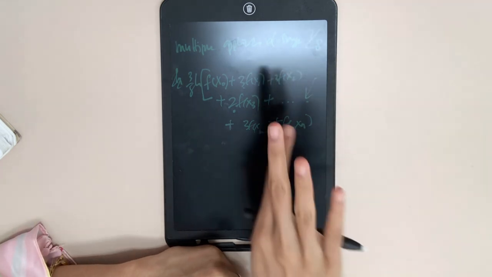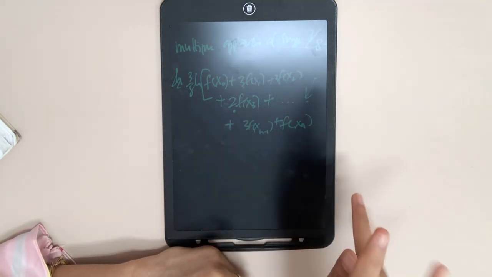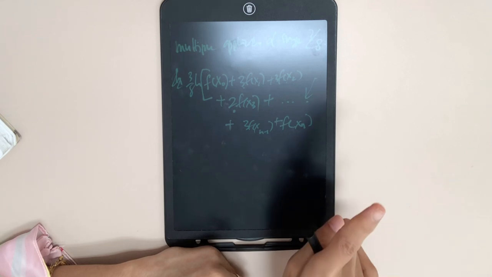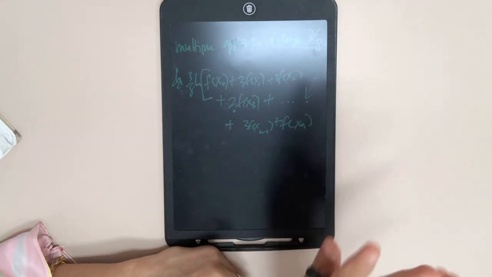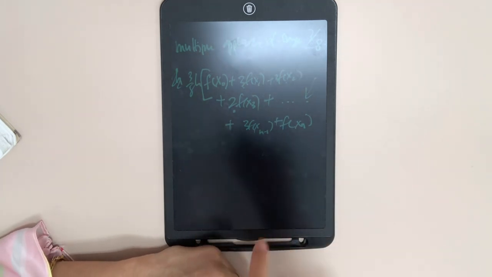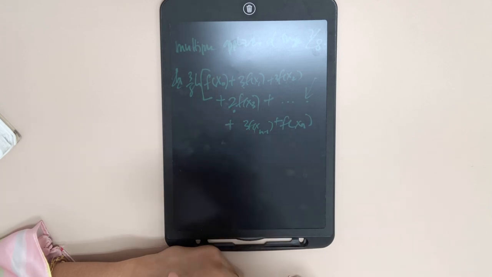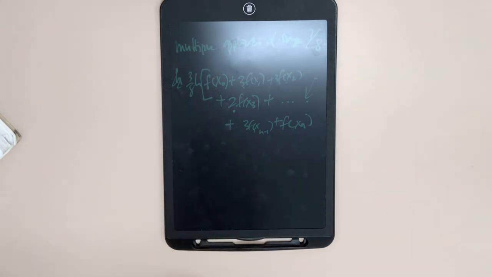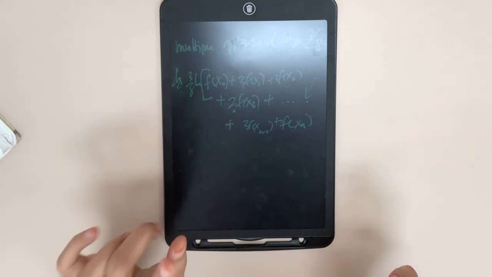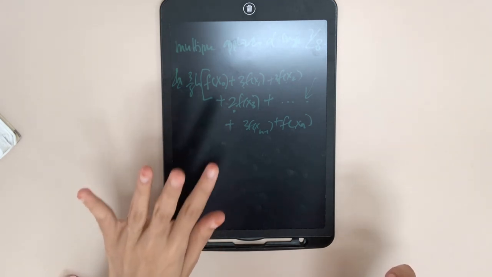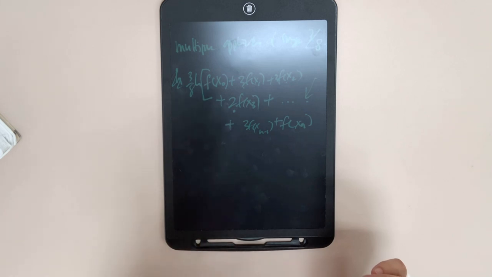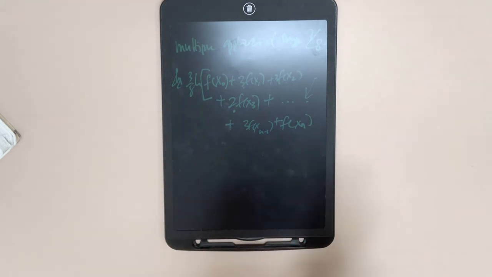So the pattern here is 3, 3, 2, 3, 3, 2, 3, 3. Please don't make a mistake. For the multiple 1/3, the middle is 4, 2, 4, 2, alternating. But for multiple Simpson 3/8, it repeats 3, 3, 2, 3, 3, 2, 3, 3, 2.